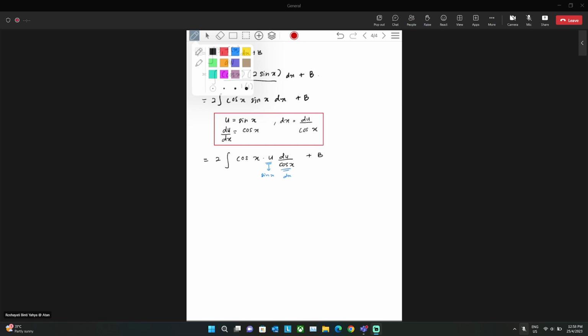Before you use the tabular table, you need to have one of the two functions that can become zero if you differentiate. In this case for cos and sine, if you differentiate, it alternately changes between sine and cos. So for this case you cannot use the tabular table, but you can use integration by parts.